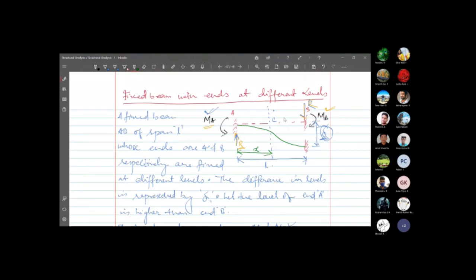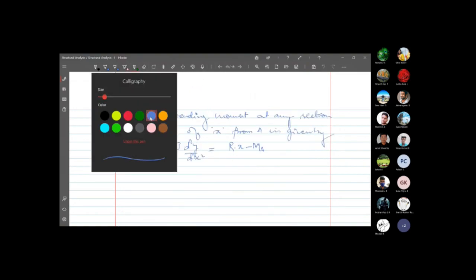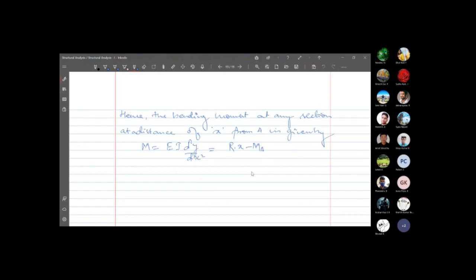Next I will put the value of R and ma here. Therefore M equals, what is the value of R? It is 2ma by L into x minus 6 EI delta by L square.